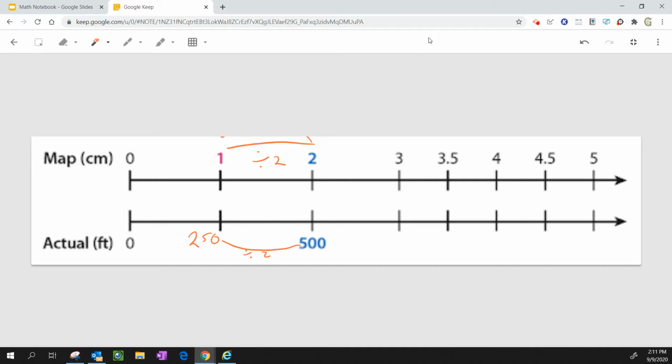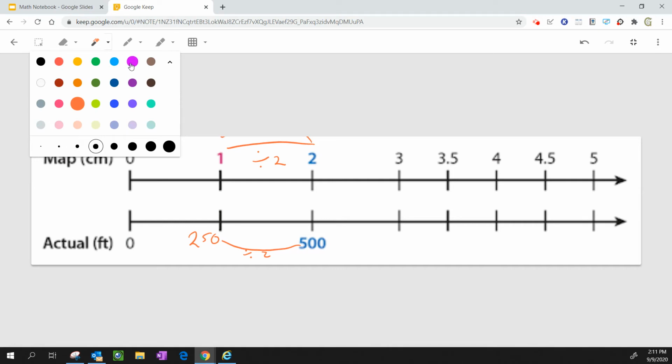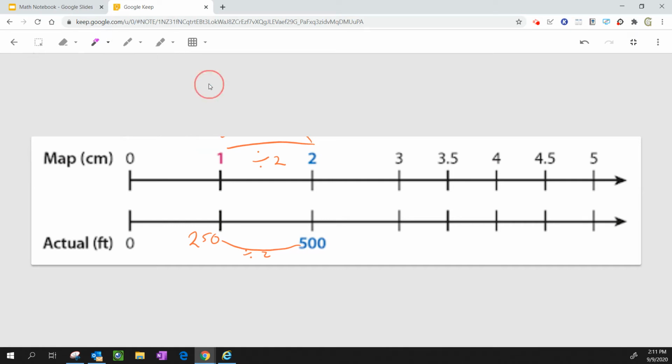Because if I had gone the other direction, 2 to get to 3 is times, I don't know off the top of my head. So that would have been hard. But I do know that 1 to get to 3, well, that's a pretty easy problem. So that's my advantage of going down to 1. So I'm just going to change my color here so you can see.